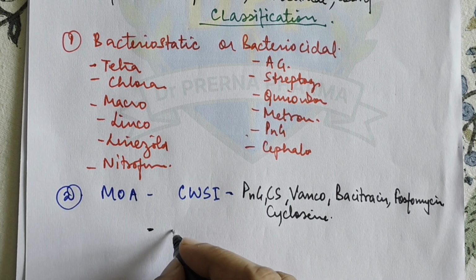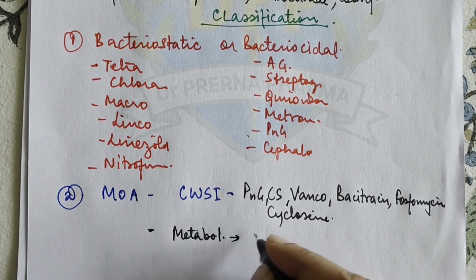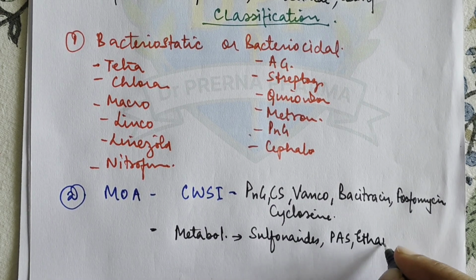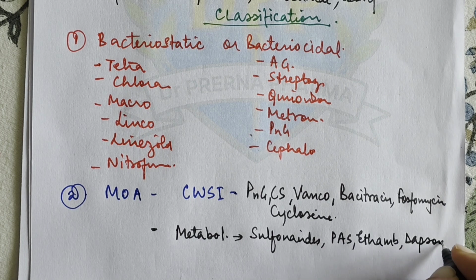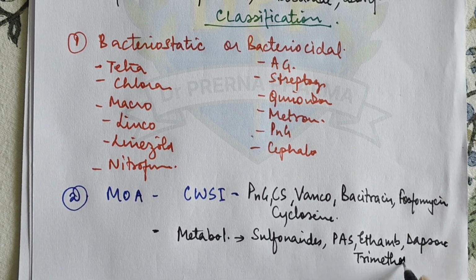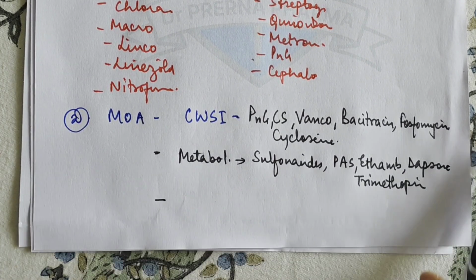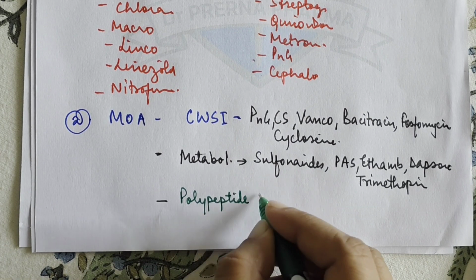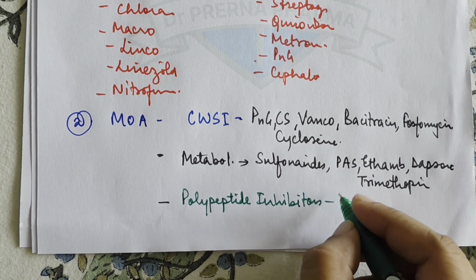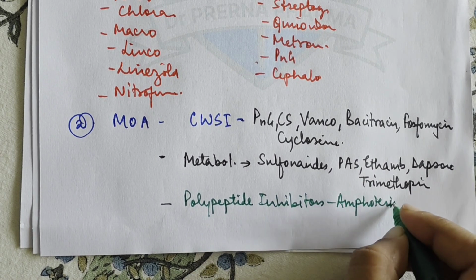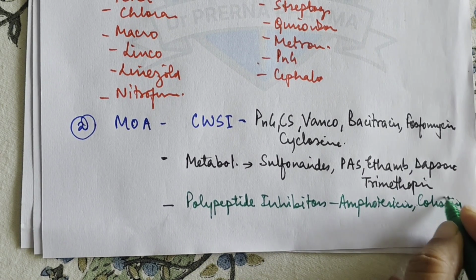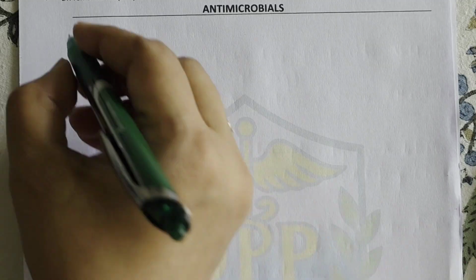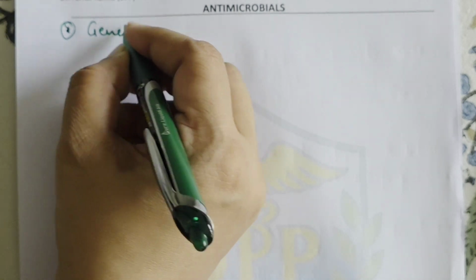Then drugs which affect the metabolism of the bacteria: sulfonamides, PAS, ethambutol, dapsone, trimethoprim. Then another category is polypeptide inhibitors: amphotericin B, colistin, and polymyxin B.